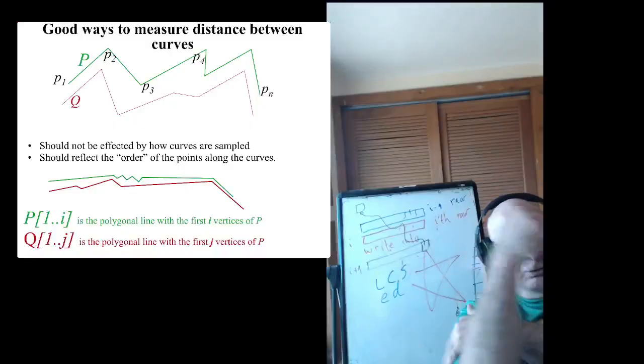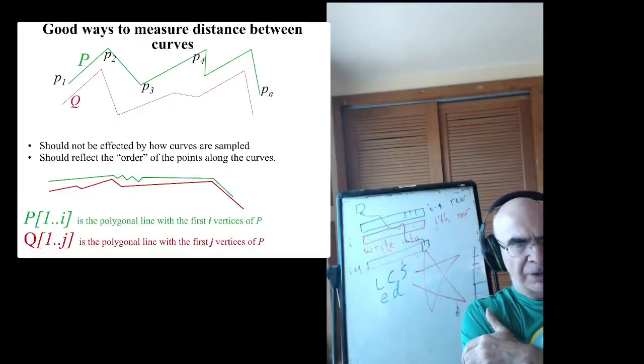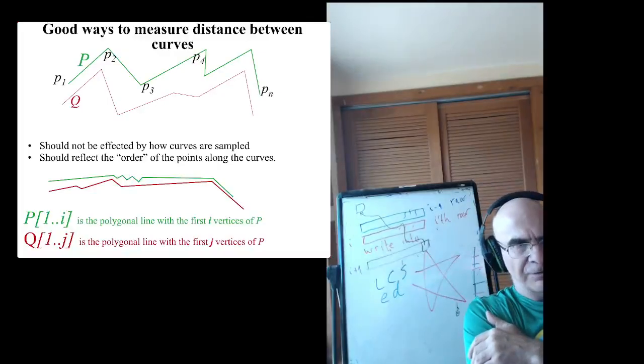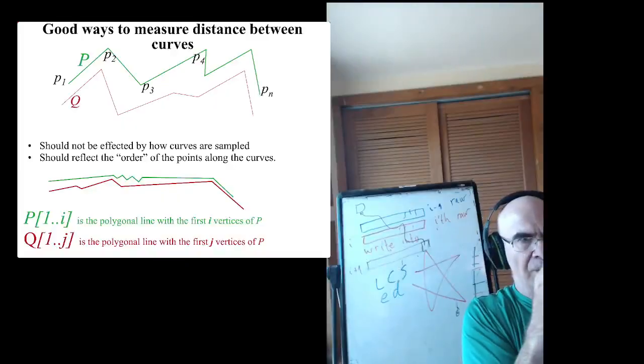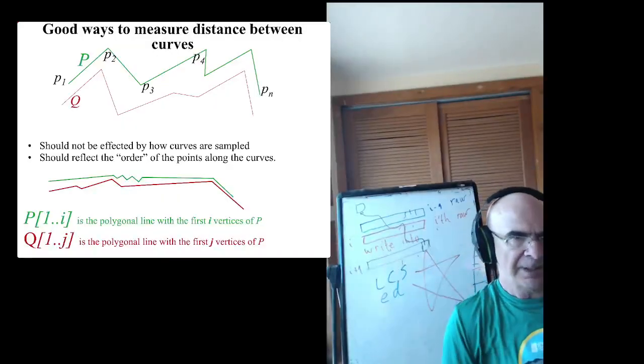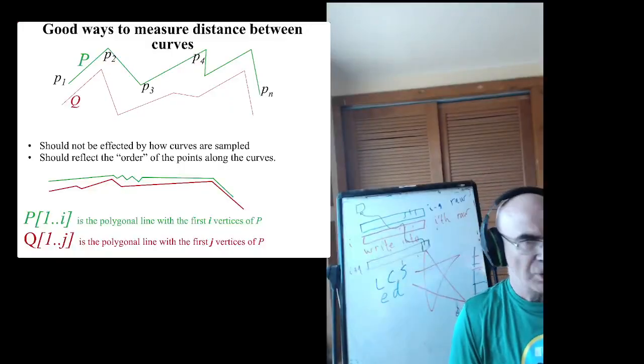Can they represent the trajectory of a car that moves along some road? These are the GPS points that I measured along different points of this road. Is this the same road? The GPS has some error. The vertices don't have to be exactly the same, but it could be the same trajectory.